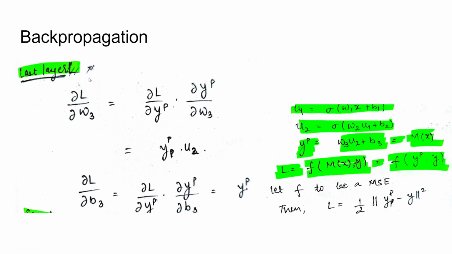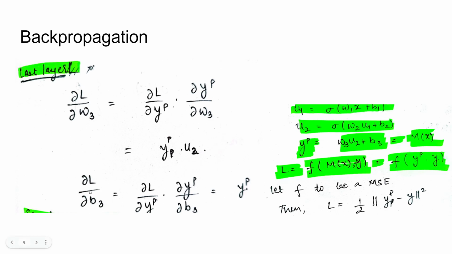Similarly, the gradient of the loss function with respect to bias b3 will be the derivative of loss with respect to yp times the derivative of yp with respect to b3. The derivative of the loss with respect to yp is yp, and the derivative of yp with respect to bias is 1, so this turns out to be just yp.